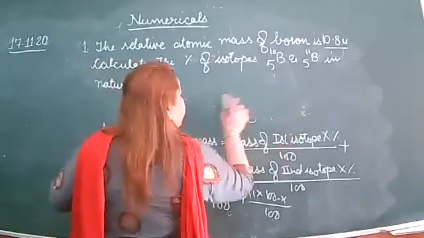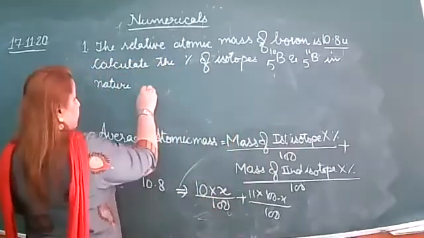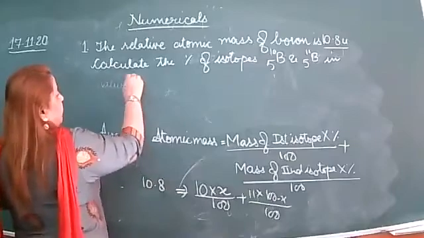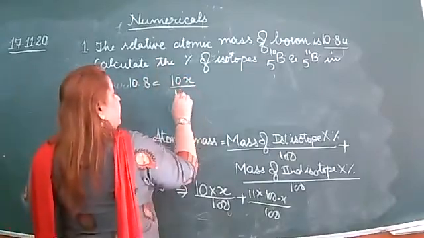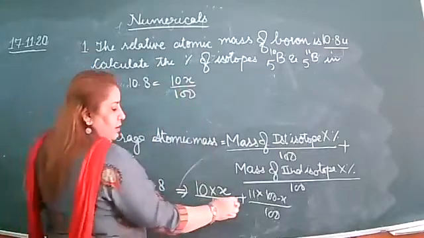I am writing it here. 10.8 is equal to 10x divided by 100, right?